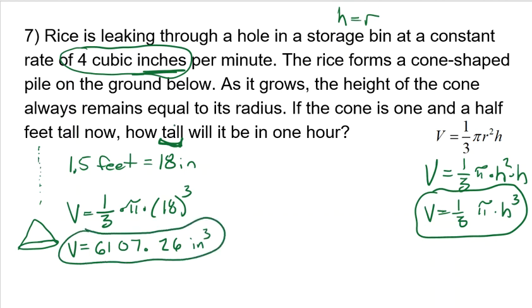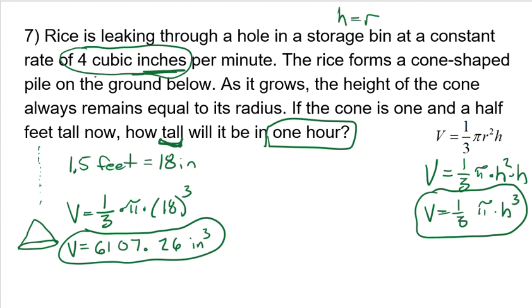All right, the question, though, asks me, how tall will it be in 1 hour? So I need to solve for height. That means I need to find what the volume is going to be in 1 hour. This is where I really have to put my brain to this. The rice is falling at a rate of 4 cubic inches per minute.